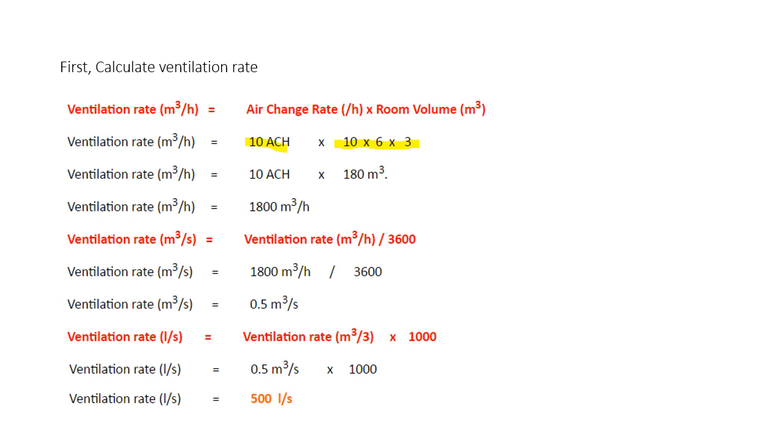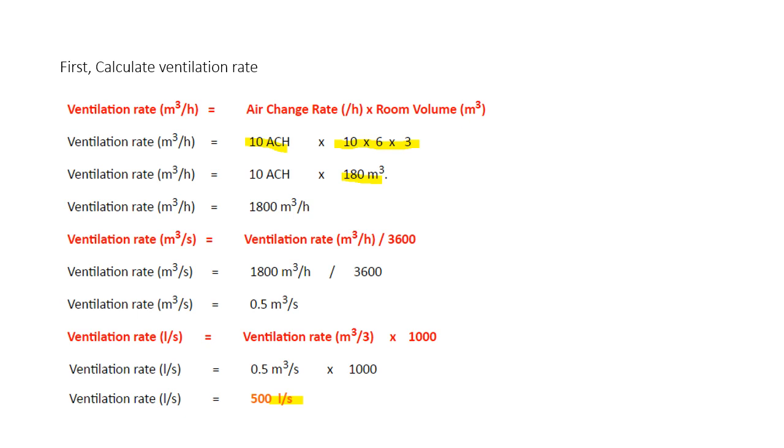So you just have to recalculate it into liters per second. The size of the room is actually 180 meter cubed times 10 air changes per hour. Then you will have 1800 meter cubed per hour.